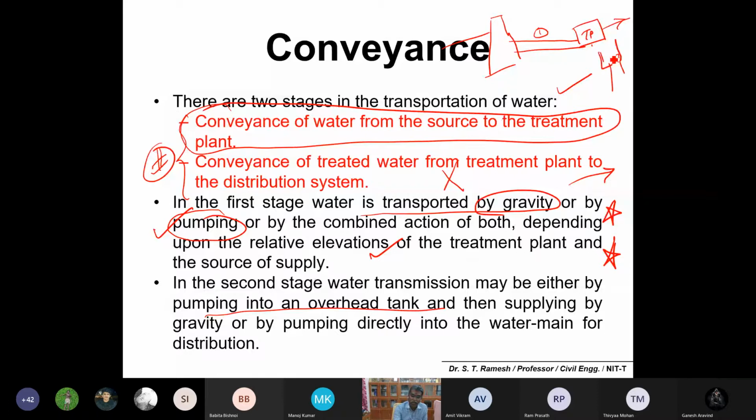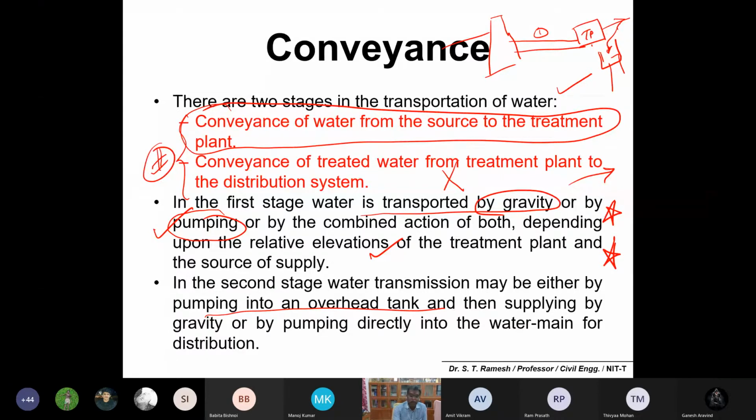From the elevated water tank, it is possible to supply by gravity to the consumers, or you may have an intermediate storage well, from the water tank to a storage well by gravity, and from the storage well to the consumers by pumping operations also. So this may have a combination.